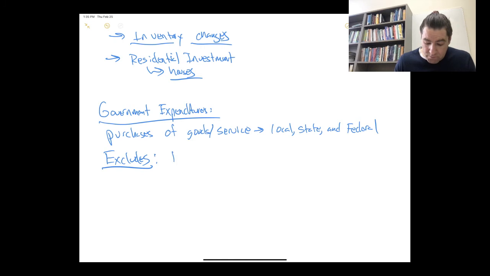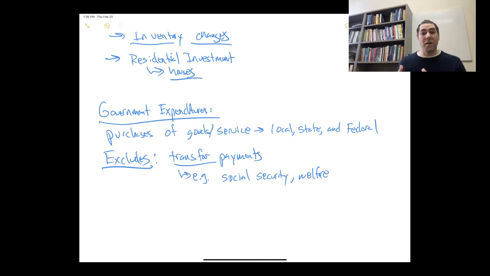This excludes any transfer payments. Those would be, say, Social Security checks, earned income tax credit, those types of things are transfer payments. So I'm moving income between different parts of the economy, but I'm not buying a good or a service. And so that won't count.